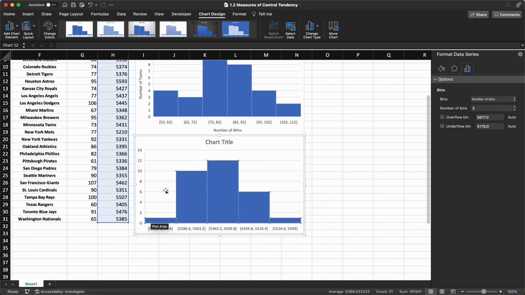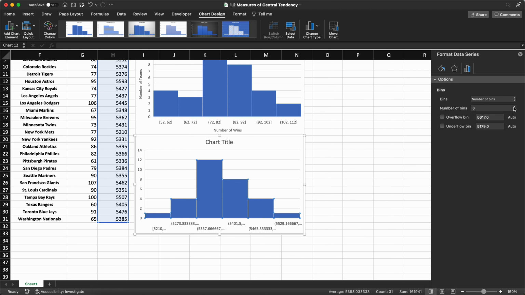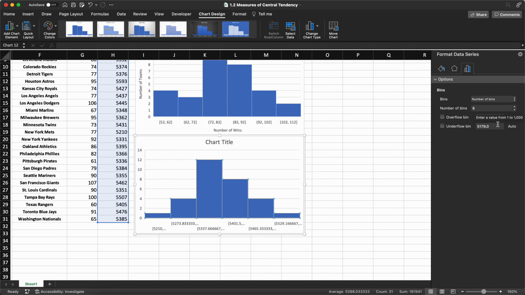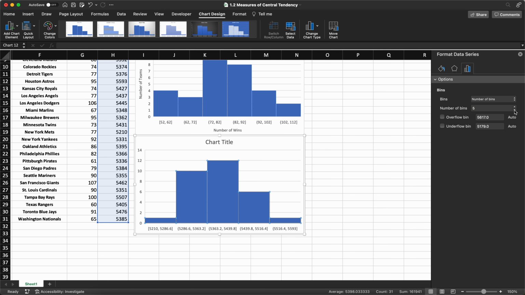All of a sudden, just changing the number of bins to go from the min to the max. Wow, here we go. So now we have a lot more symmetry happening. If we change the number of bins, even better symmetry, worse, okay? But you need to make it fit what works for you.